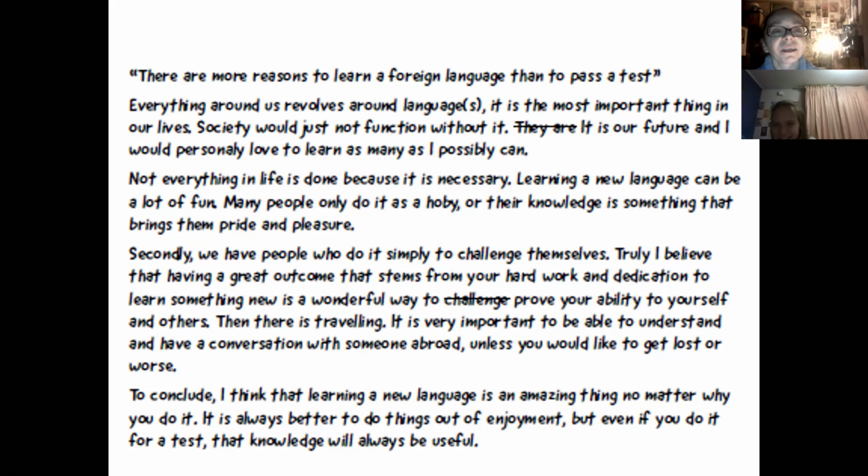Okay, sure. To what extent do you think the writer follows the rules, the conventions of essay writing? Conventions are the rules, how you should do certain things.